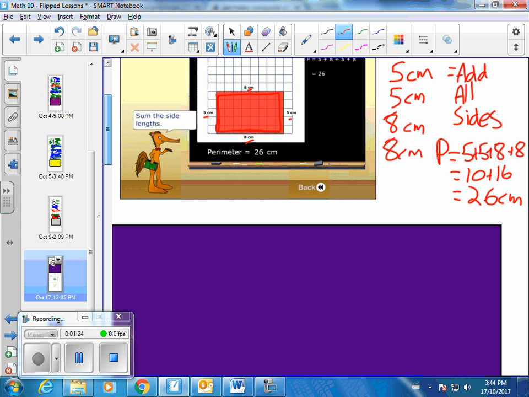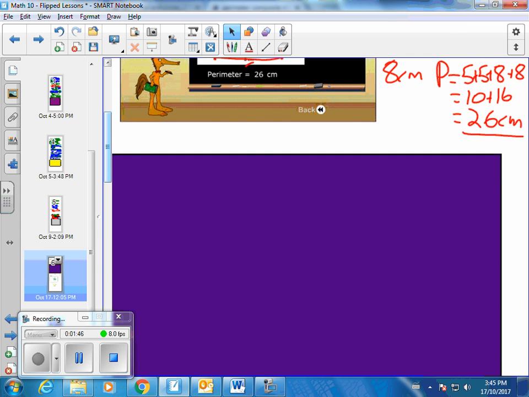What that means is that the total distance from here to here to here to here is going to be 26 centimeters. If they were building a fence around that square, they would need 26 centimeters to cover the whole thing. Very simple. Let's take a look at another example.